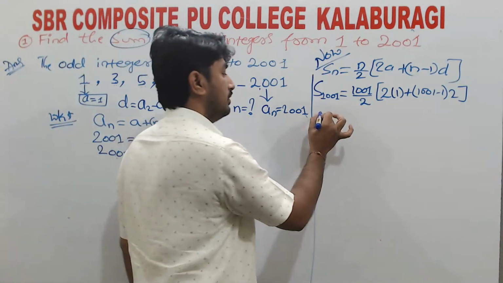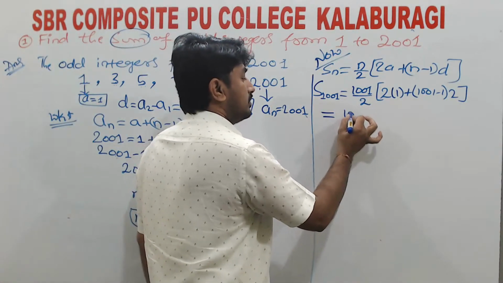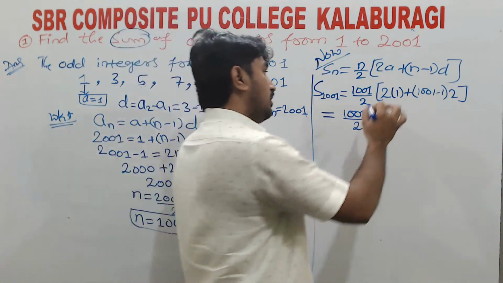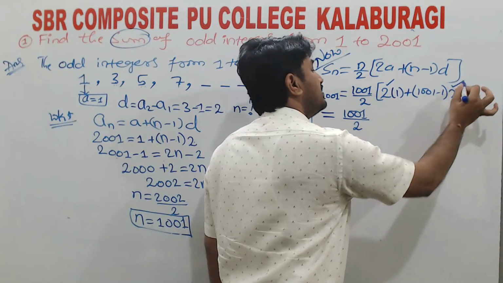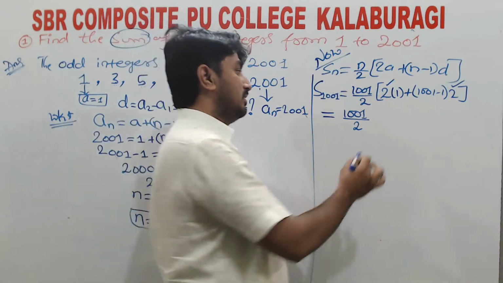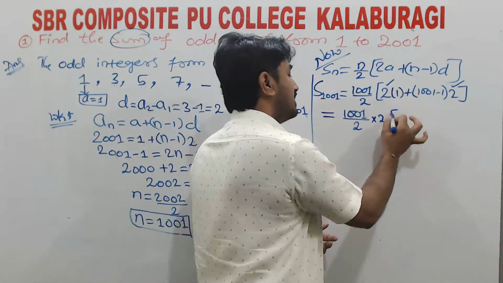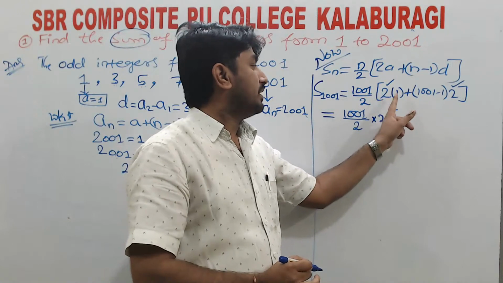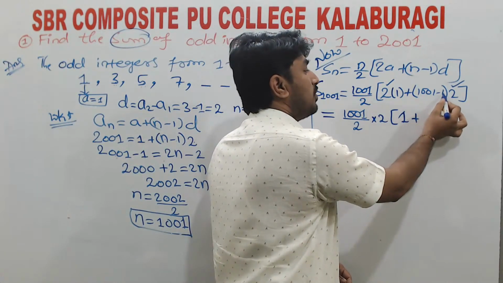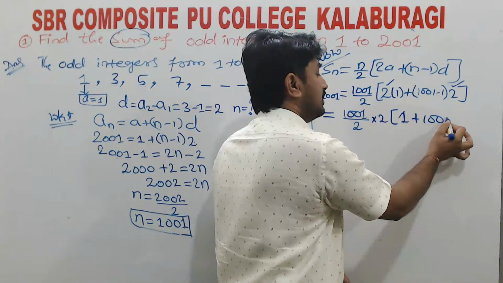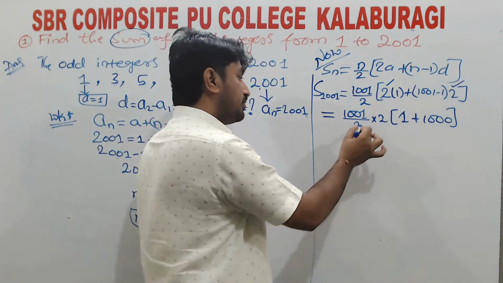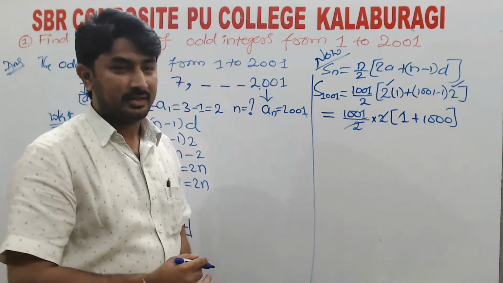Now 1001 divided by 2, here 2 is common in both terms, so I am taking 2 outside. Inside it becomes 1 plus 1001 minus 1, which is 1000. Already 2 is taken outside, so both 2s cancel each other.